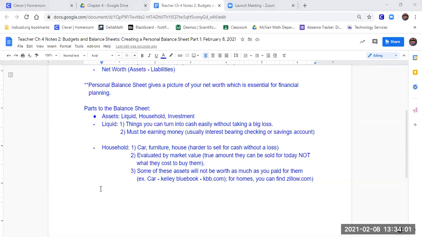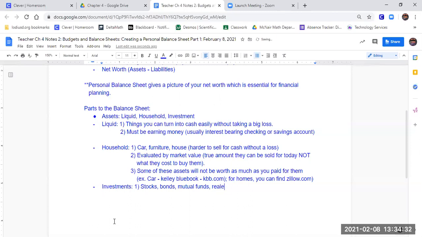So now we have to talk about our last category of assets that we already said, and that is the investments. Okay. The investments category can include stocks, bonds, mutual funds. We're going to be finding out more about all these things as we progress through the book.